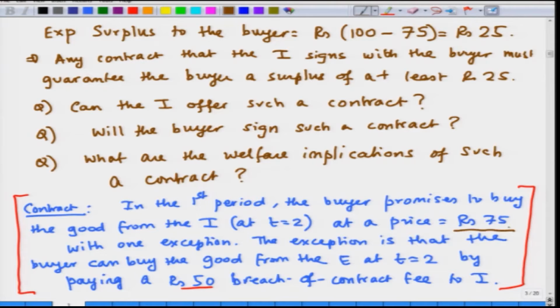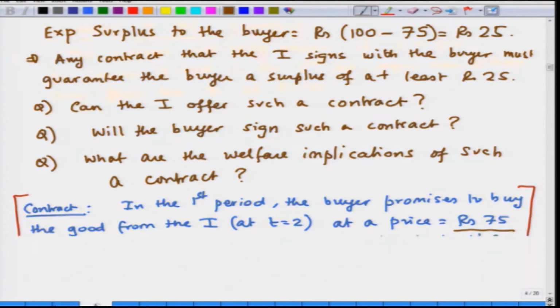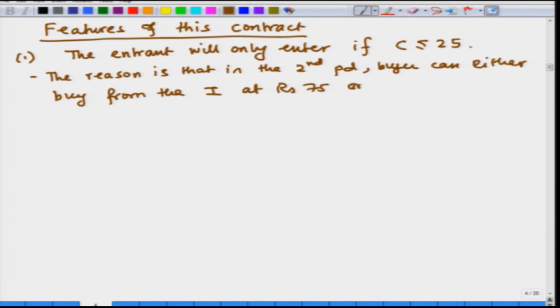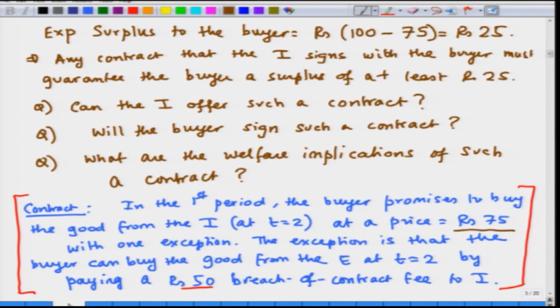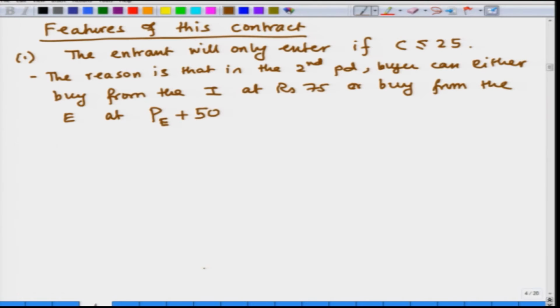I am guaranteed to buy the good from the incumbent at rupees 75, or buy from the entrant at a price which is, let us say, PE, which is charged by the entrant, but then it has to pay the 50 rupees breach of contract fee, right. So, either I buy from the incumbent by paying 75, or I buy from the entrant at a price PE plus 50.